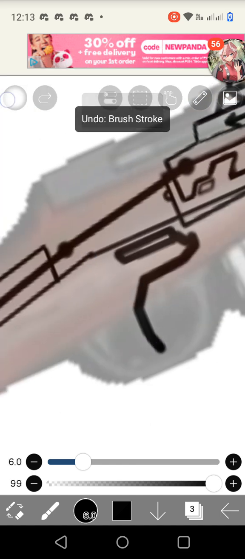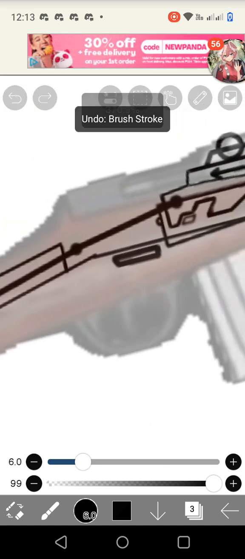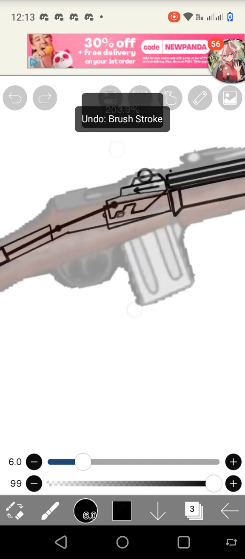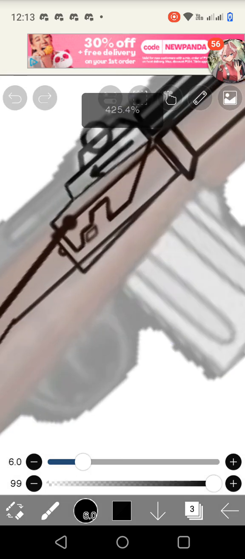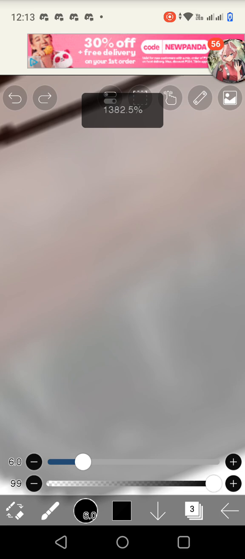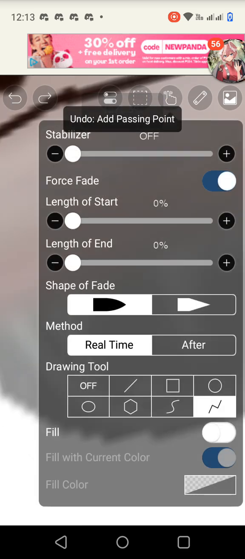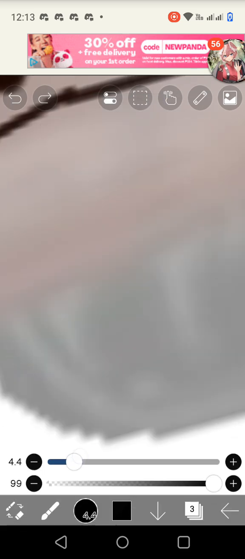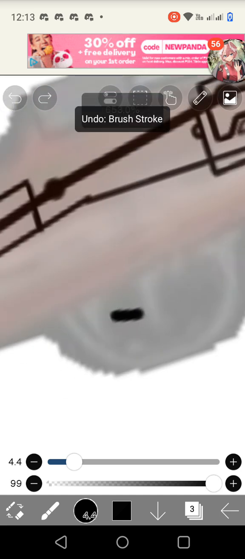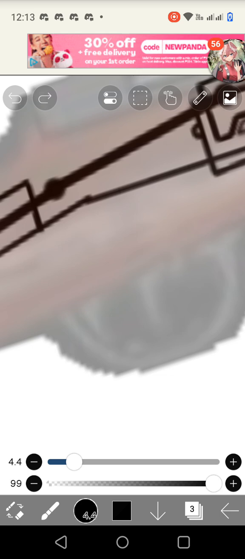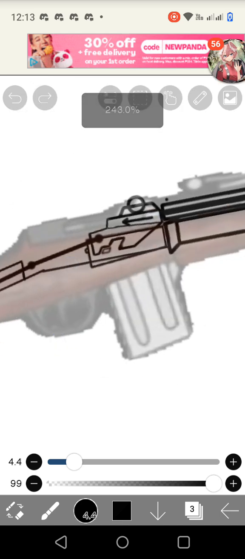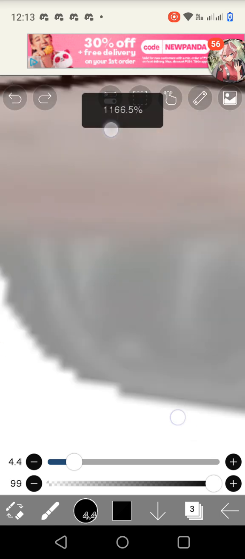I want a two-stage trigger. This has gotta go back. Forgot the safe.